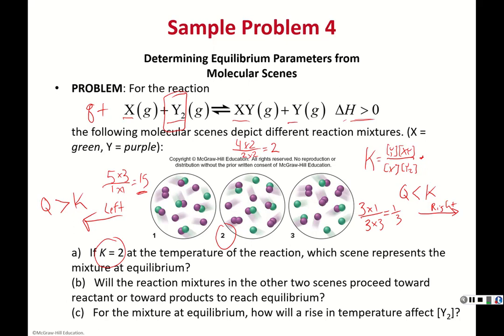Okay, and if we're raising the temperature, we're adding more of a reactant, so that's going to shift this equilibrium to the right, so we would use up more Y2, so that concentration of Y2 would decrease.